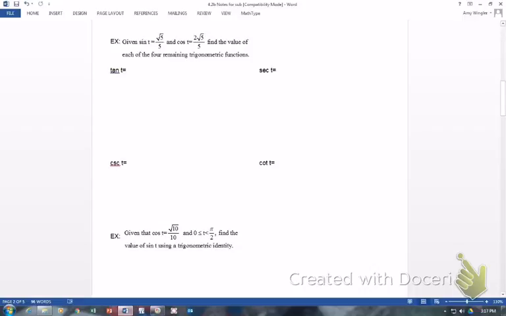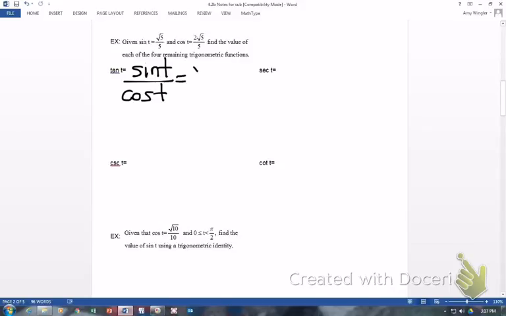So if I look up at my identities, I know that the tangent of t is equal to the sine of t over the cosine of t. That's a quotient identity.